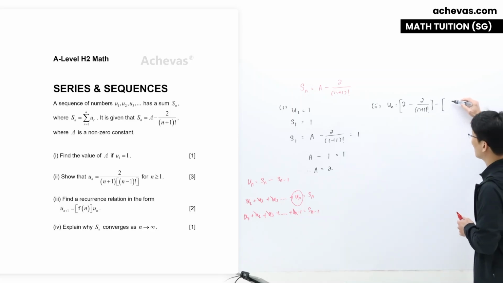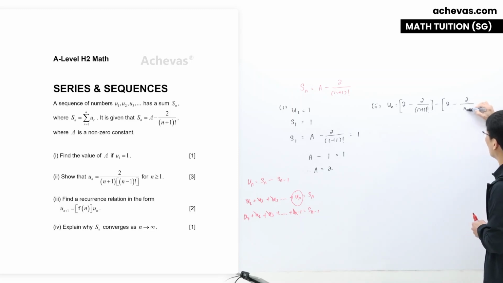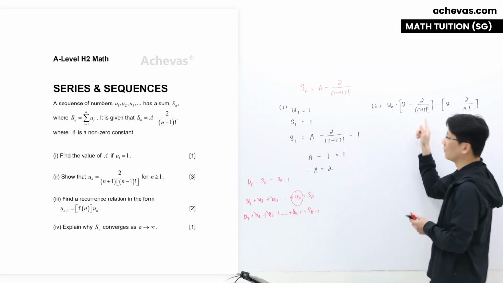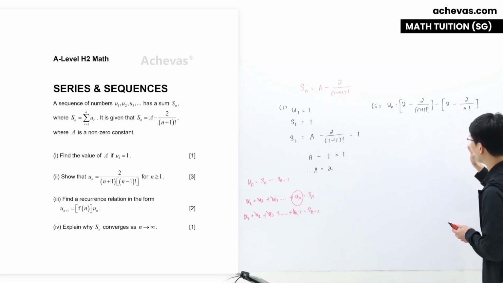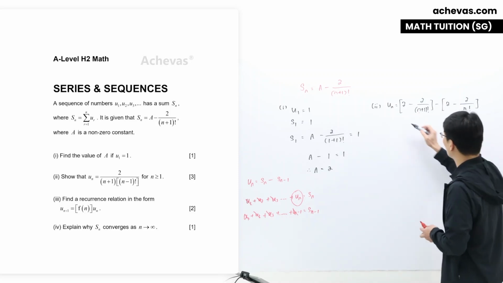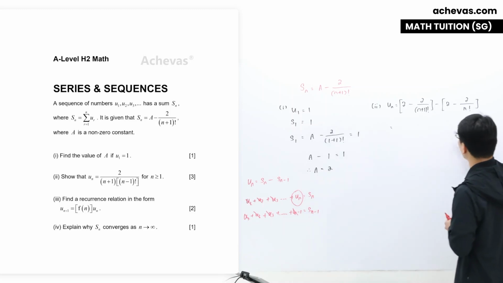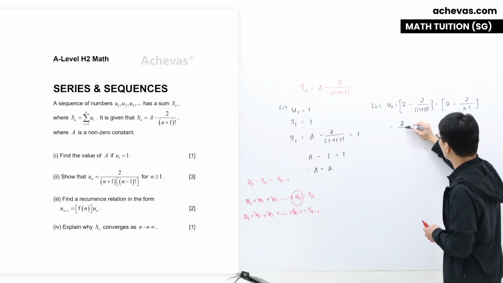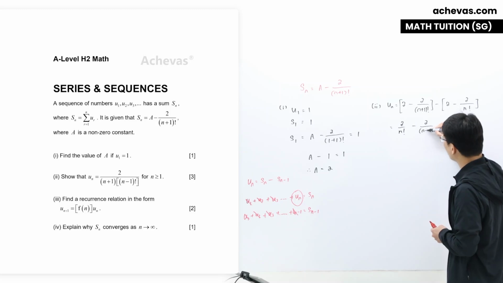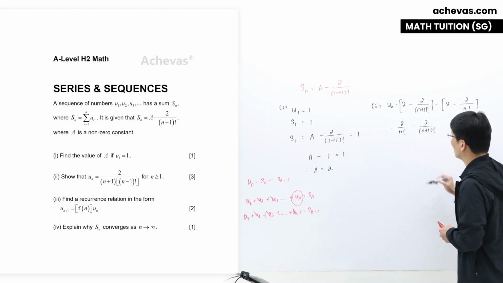And Sn minus 1 is the same as 2 minus 2 over n factorial, because I'm just replacing the n here with n minus 1 to get my Sn minus 1. Right, let's open up the bracket, then we can simplify a bit. I will be left with 2 over n factorial minus 2 over (n plus 1) factorial.